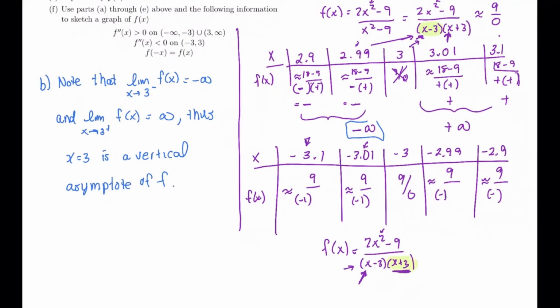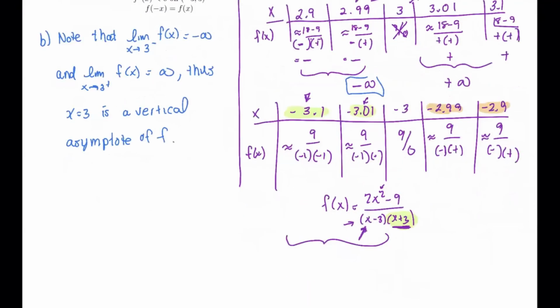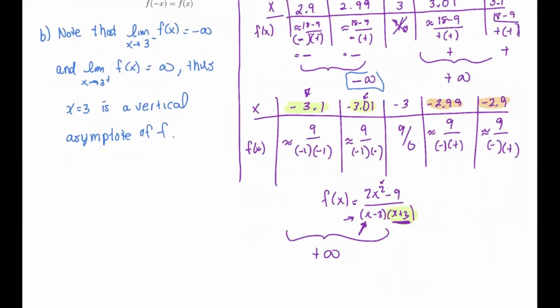So when I plug in -3.1 into that, I'm going to get a negative answer, and when I plug in -3.01, I'm going to get a negative answer again. But when I plug in either -2.9 or -2.99, I'm going to get positive and positive. So again, on the left-hand side we seem to have positive infinity, and on the right side we seem to have negative infinity.